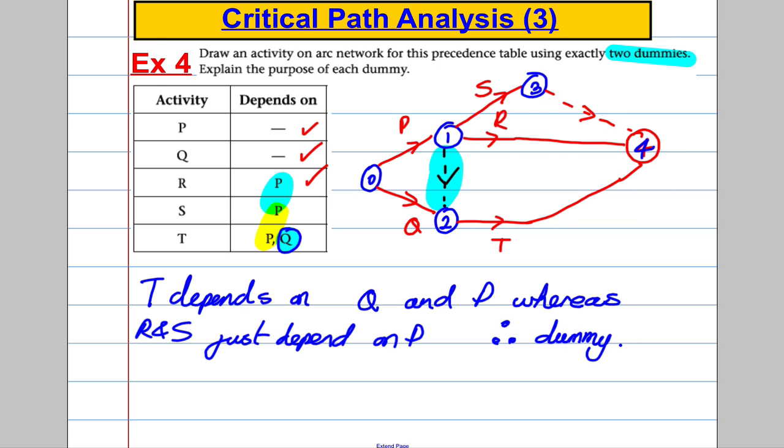Now why do you need that dummy? This dummy here was for a different reason. You needed a dummy at the end. It's because basically you can't have S and R starting off at the same node and finishing at the final one.